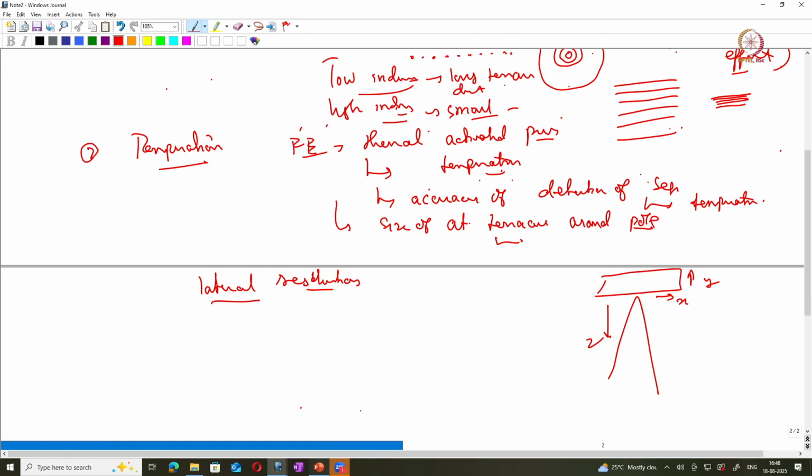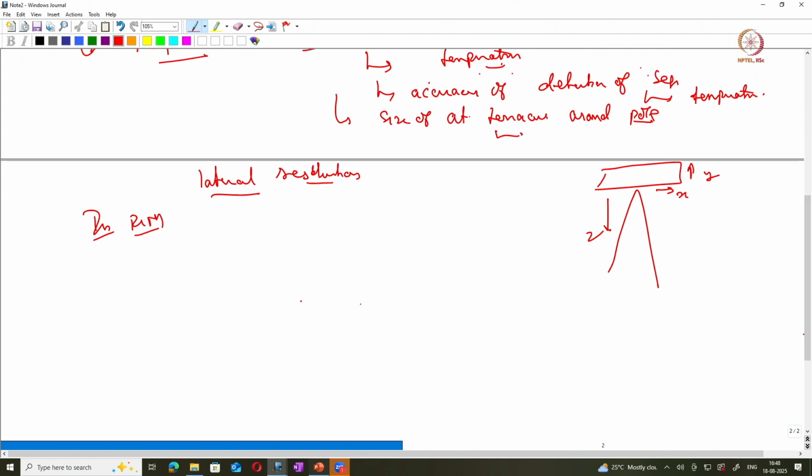Usually in FIM, which we have discussed, there are two main components where we talk about the lateral resolution. One is related to the thermal agitation of gas atoms.